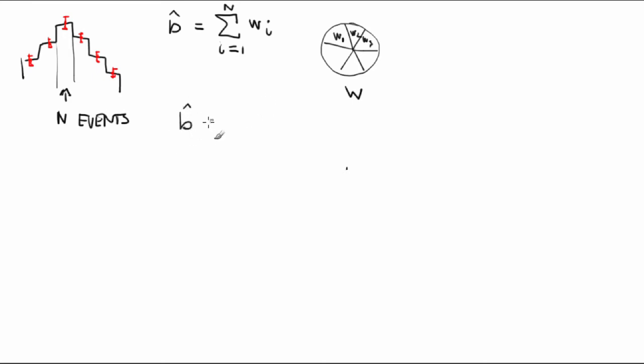B hat equals the sum for i going from 1 to w of w_i n_i. The numbers n_i stand for the numbers of events in the individual categories. A good approximation is to treat all the numbers n_i as distributed according to the Poisson distribution.